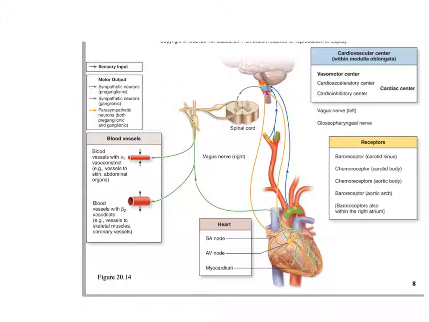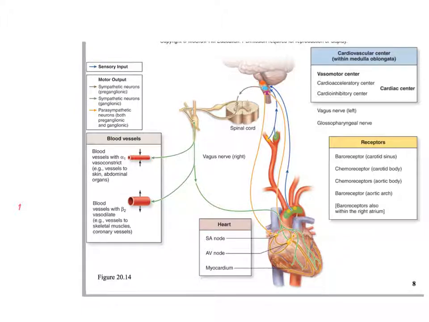So you have your cardiovascular center within the medulla, right here, and within it are two distinct parts, a vasomotor center and a cardiac center.